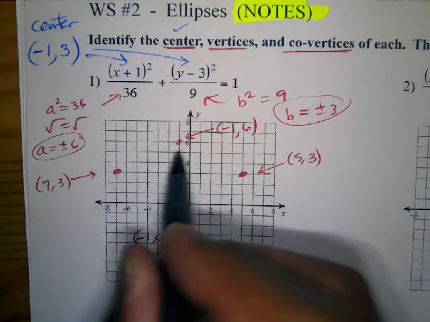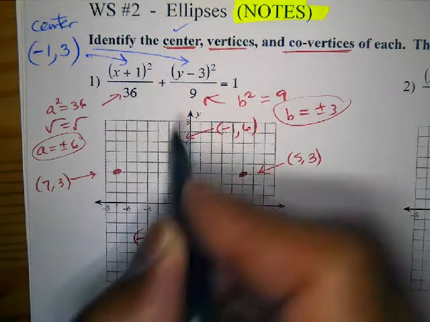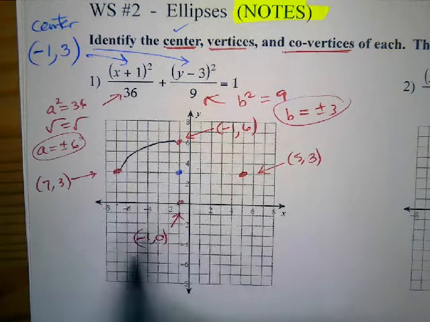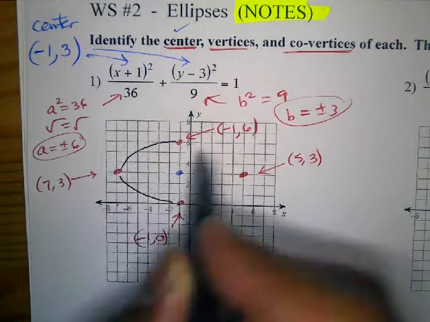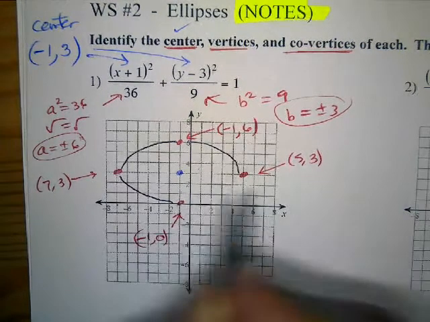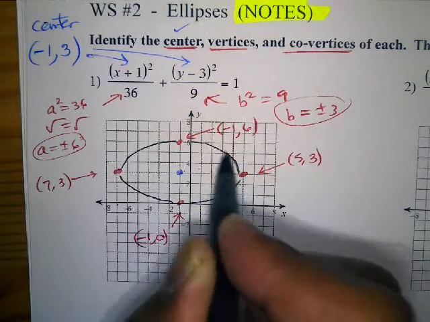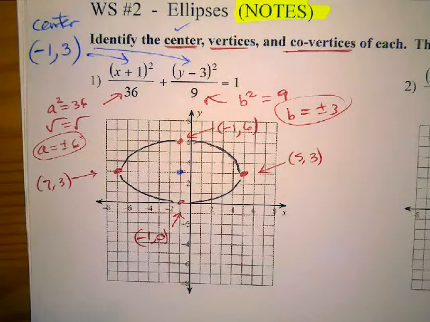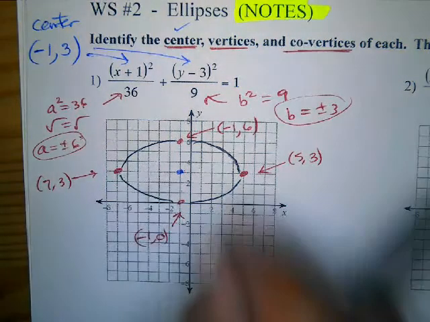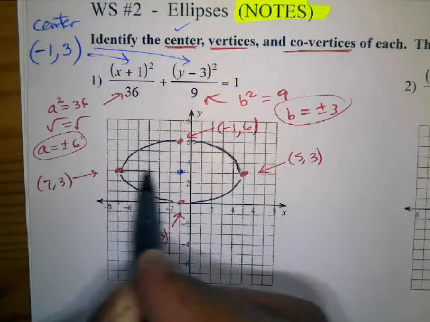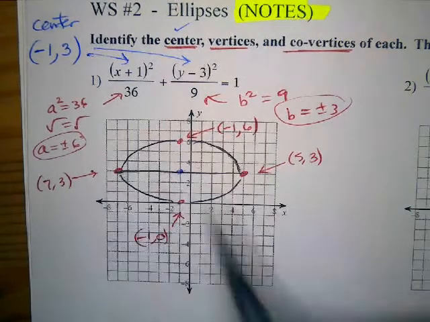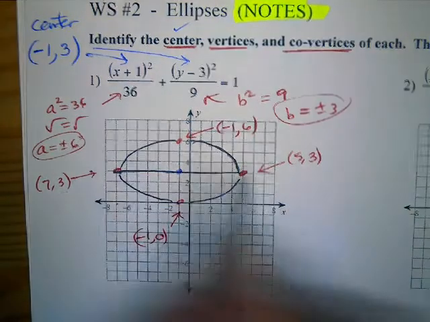And then you graph it. You use these 4 points to help you graph the ellipse, right? You know what it looks like. It's an ellipse like this. And this one, the major axis, is the longer one. It's more elongated on the x. This is the major axis.